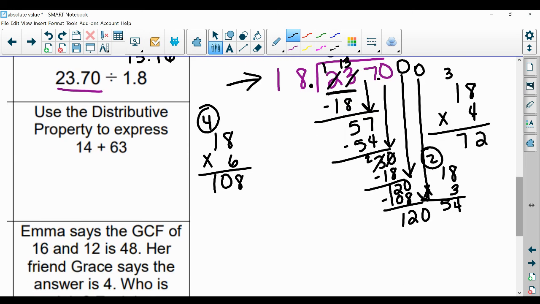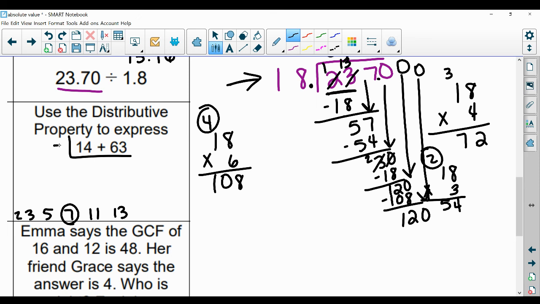Our next problem is use the distributive property to express 14 and 63 as an expression. So we're going to put these on the slide. And I'm going to notice 14 and 63. What can I pull out of 14 and 63? Well, if you think about it, our numbers to try are 2, 3, 5, 7, 11, and 13. A number that instantly jumps out to me is 7, because I know 14 is 7 times 2.